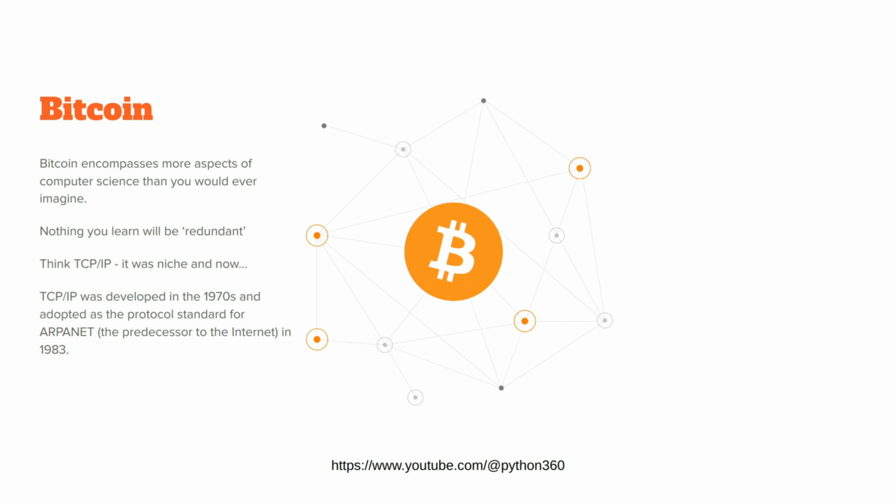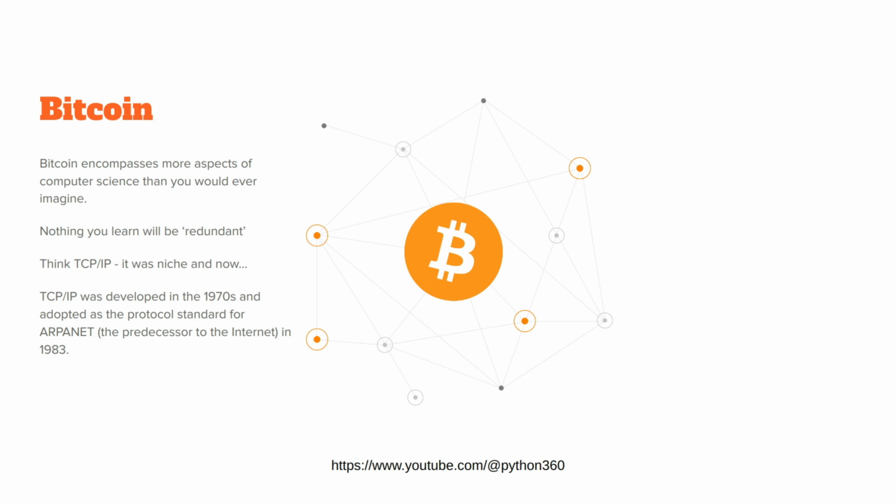So, Bitcoin encompasses more aspects of computer science than you would ever imagine. Nothing you learn to do with Bitcoin will be useless or pointless. Everything you learn about Bitcoin can be applicable to other areas of computer science.